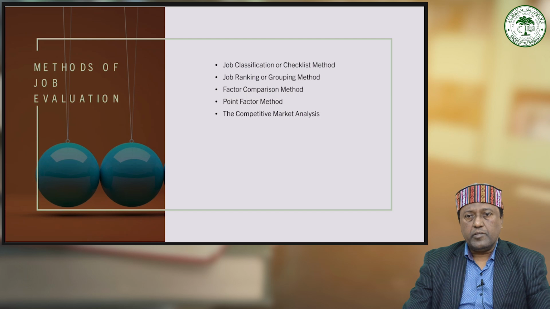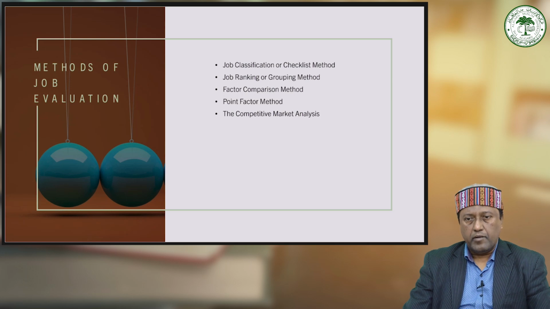Then it has limited usefulness for individual assessment. The ranking method is more suitable for assessing the overall complexity and difficulty of jobs within the group rather than providing detailed information about individual jobs. It may not be effective in capturing the specific nuances and requirements of each position.